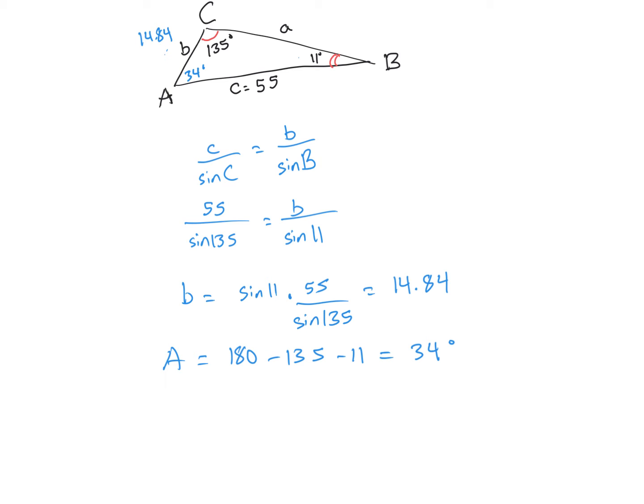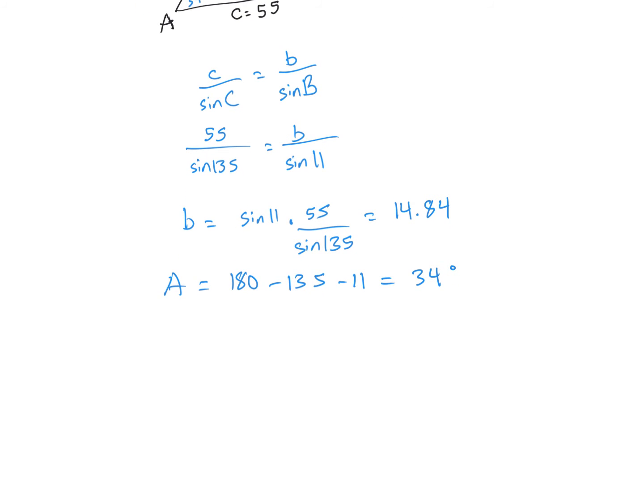Now I just need to find my side A. I have everything except for my side A. So I know here A over sine of 34 should be equivalent to 55 over the sine of 135. So then to find A, I just do 55 over sine of 135 times sine of 34, and that should give me A. So I'll punch that into my calculator.